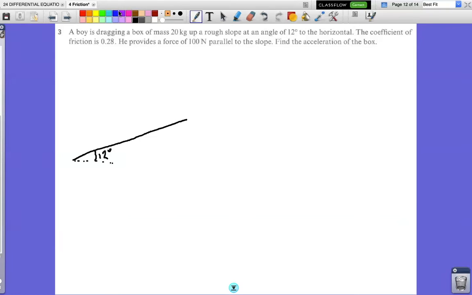And the boy is dragging a box. Mass is 20 kilograms. So the weight of the box is 200 newtons.